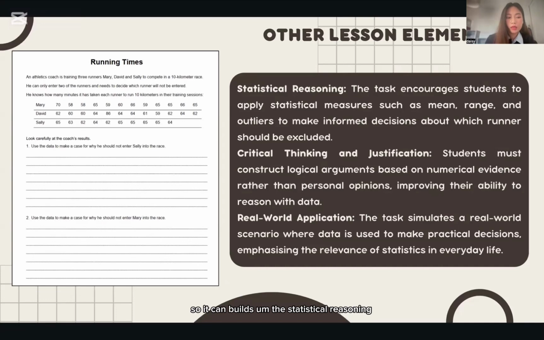So it can build statistical reasoning by using the mean, range, and outliers to support their choices, and it encourages critical thinking as students must give clear reasons based on the numbers, not just opinions. And it shows real-world application, helping students see how data is used to solve everyday problems. It's a simple but powerful way to make statistics meaningful and practical.